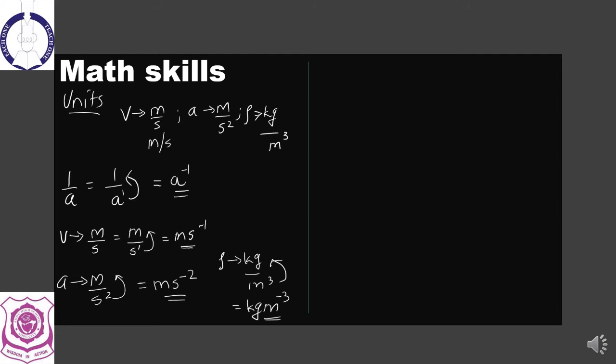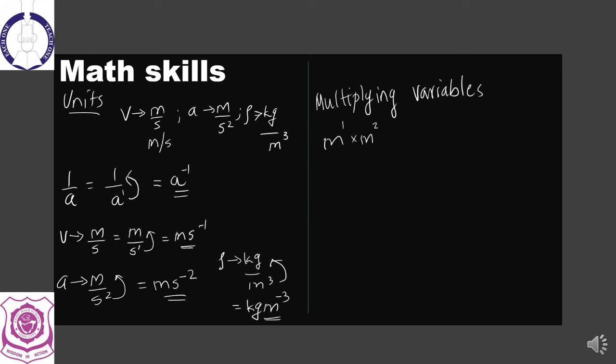The second set of the required math skills is about multiplying variables. For example, let's say you came across a simplification pattern where you had to multiply m to the power 1 times m to the power 2.